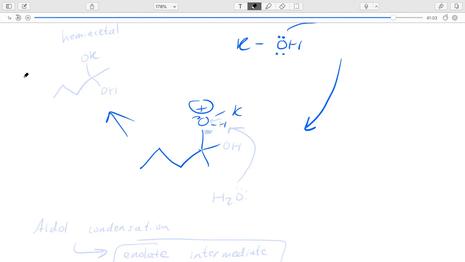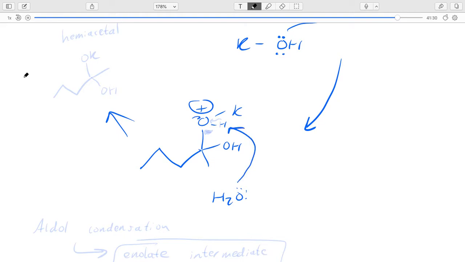Wait, what am I doing? No, this is not where we want to go. Not unless we were trying to get rid of that alcohol group, which is not what we want to do. If we protonated it again, we'd produce the possibility of a leaving group, OH2 plus, water. We don't want to do that in this case.